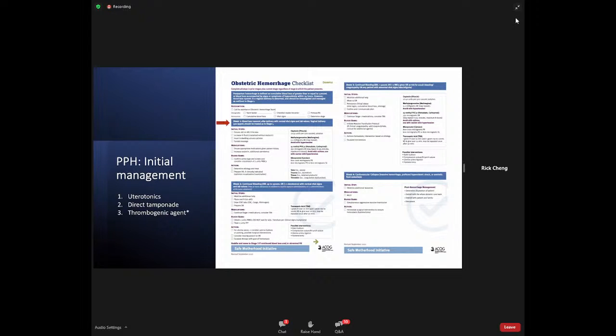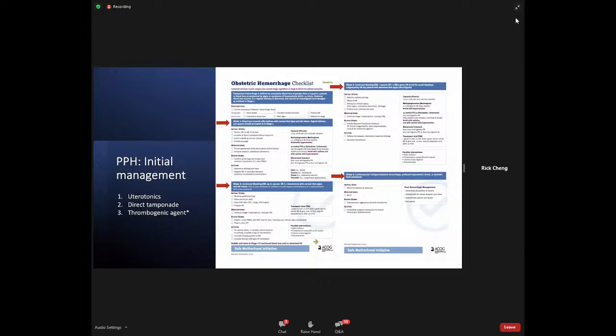The first stage is when EBL is greater than 500 cc's in a vaginal delivery or greater than 1,000 cc's in cesarean delivery with normal vital signs and blood tests. The second stage is when EBL is greater than 1,500 cc's or more than 2 uterotonics are being used, but vital signs are still stable and blood tests are normal.